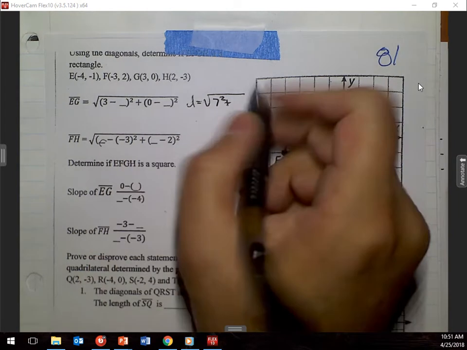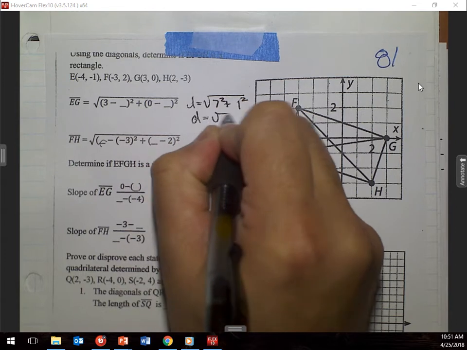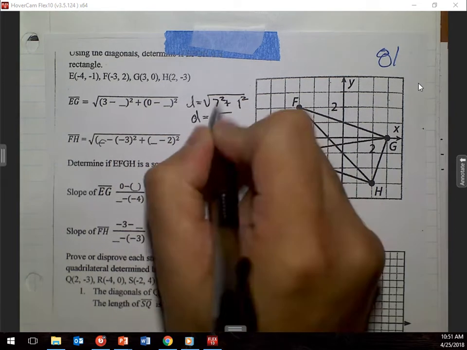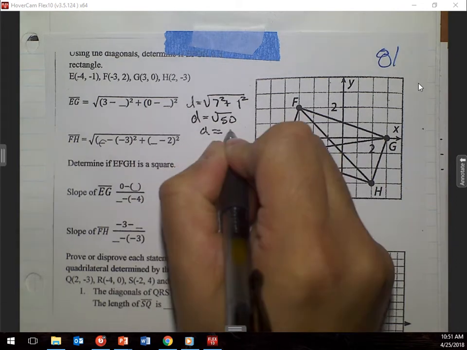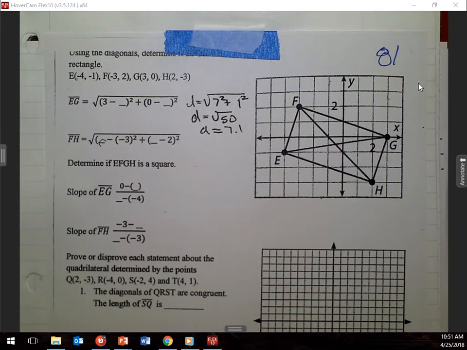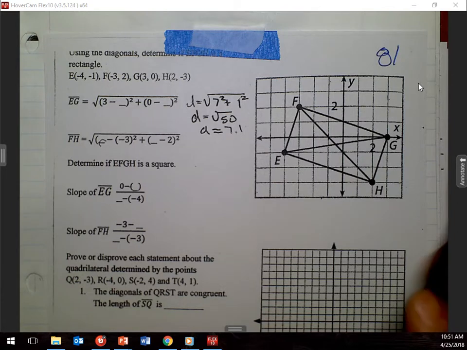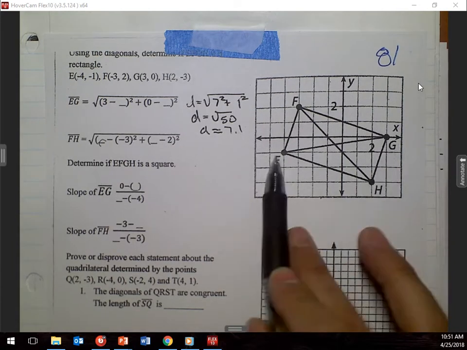So that's 1 squared. So D is equal to the square root of 49 plus 1, which is 50. So D is about 7.1. Now, just giving that much information, I know the length of this one here.